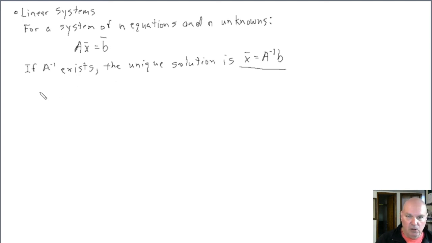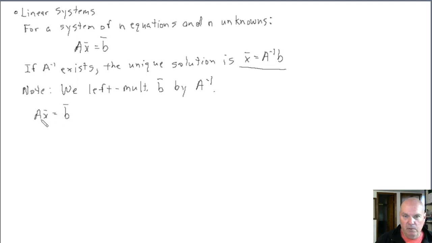Okay. Also note here that to find the solution, we left multiply B by A inverse. So again, an easy reminder of that is actually to go through the work. Here on the left-hand side, we have A times X equal to B. Well, I need to left multiply both sides of this equation so that I get an A inverse A term.